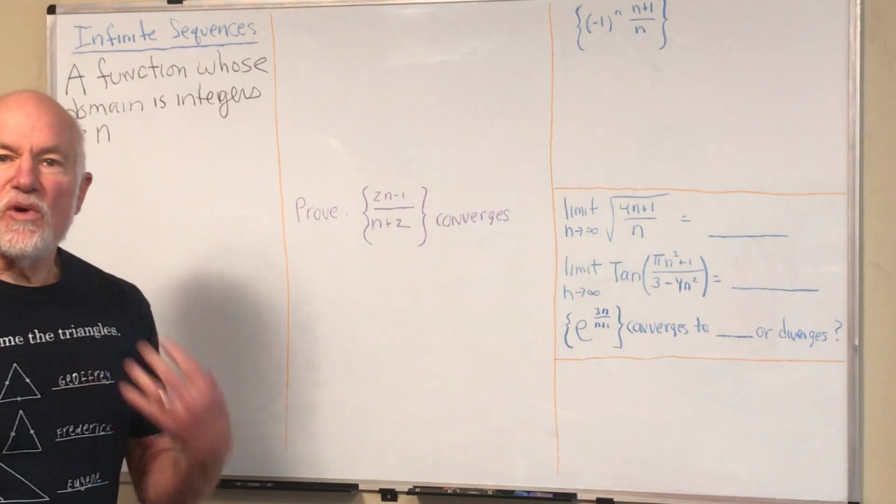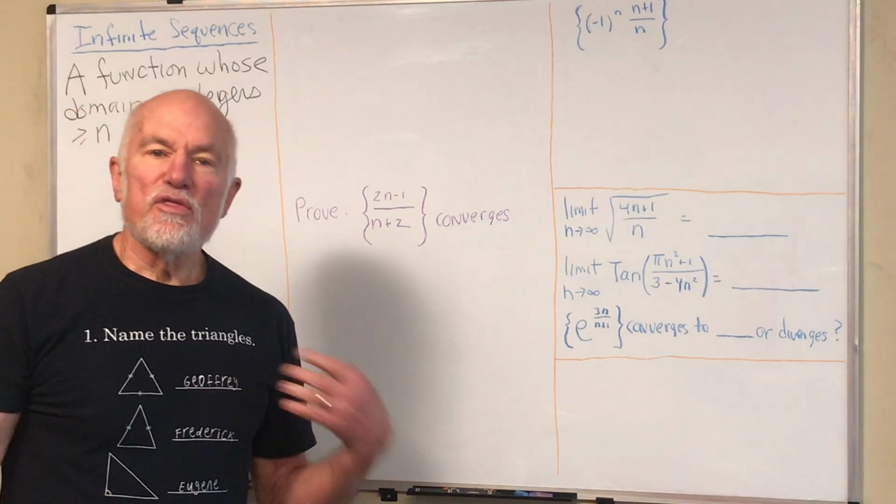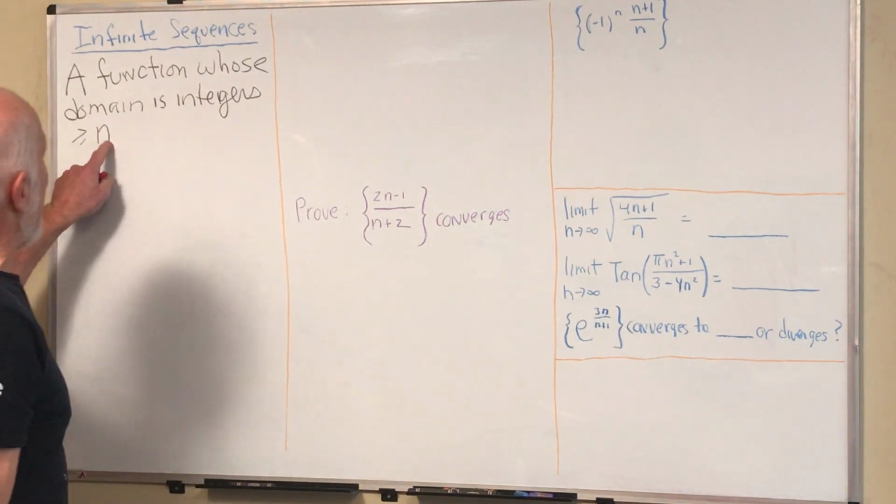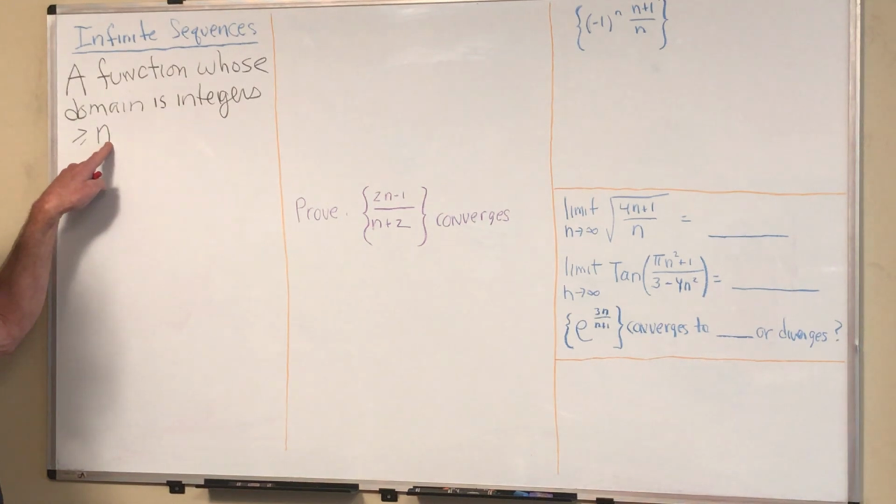So all the integers greater than or equal to 5 or 3 or negative 10. But in general, n is either going to be 1 or 0.